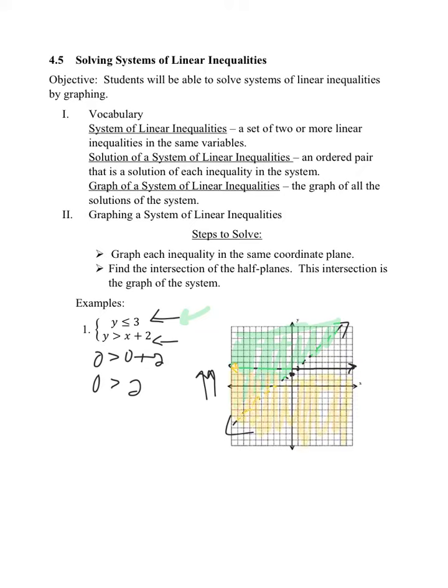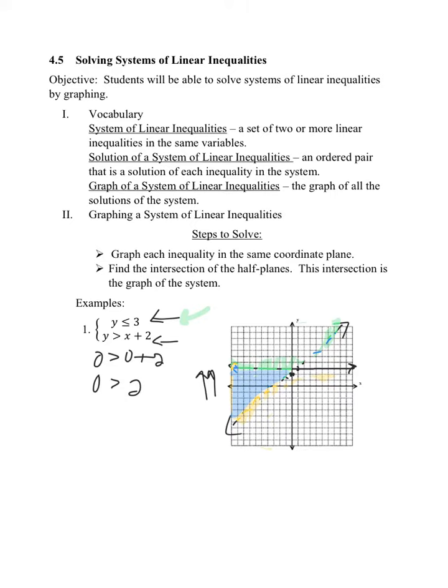So the solution region is your solution to the system of linear inequalities. So it is actually going to be this section right here. This is where the two lines overlap. And like I said to you guys in class, I don't want to see this other stuff colored in. So you need to erase all that. Okay. So that is how you graph a system of inequalities.